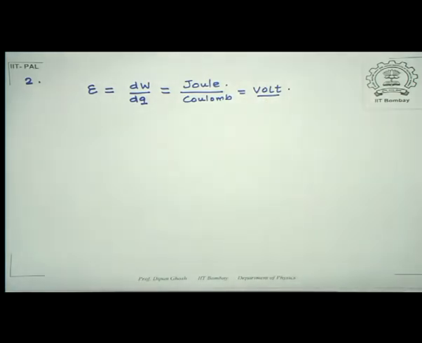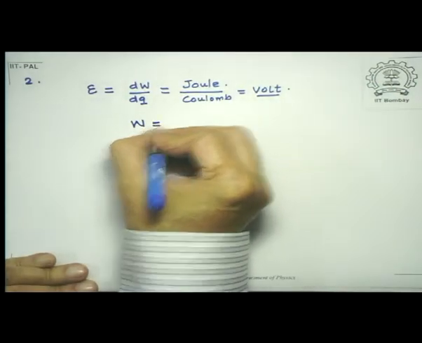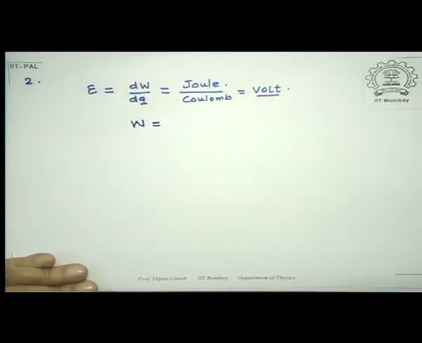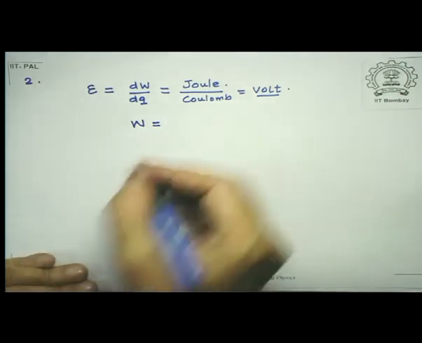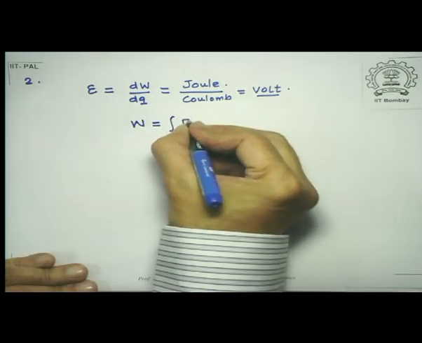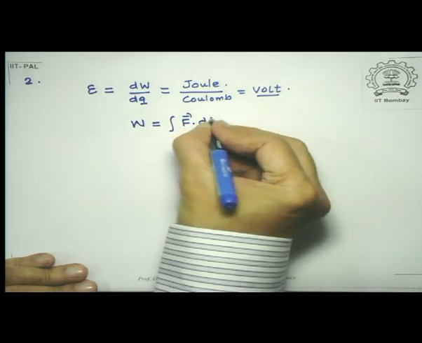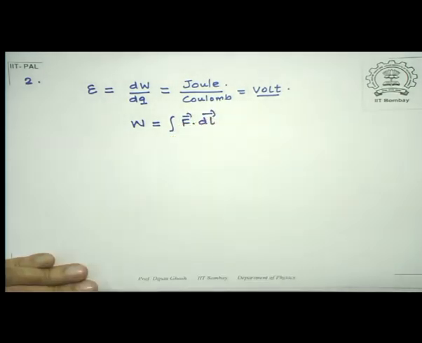Now, if you look at this definition, there is another thing that becomes clear, that since I know that the work in taking a charge by a vector distance dl is given like F dot dl. This is just the standard definition of work in terms of the force, F is the force.